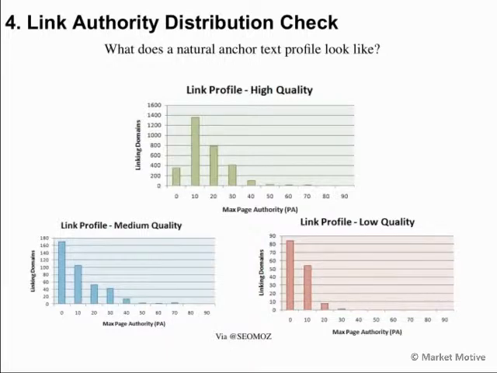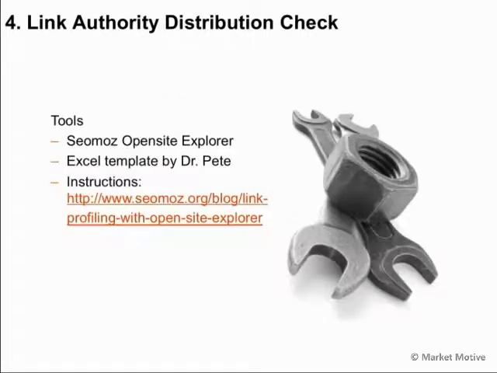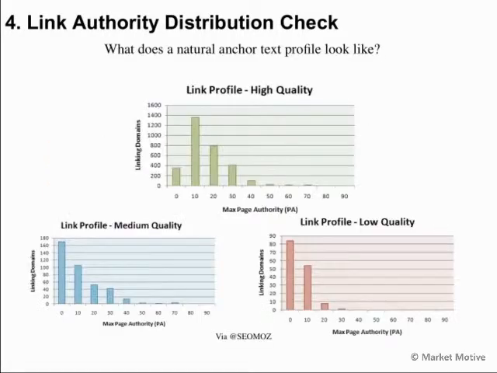You need to be close but not going over and not sending any of these negative signals. So if you have too many low value links or too many high value links, either one of these can send a negative signal that says, hey, they're trying to manipulate their off-page optimization, and therefore we're going to filter them. So run this check through Dr. Pete. You can get a graph like this and make sure it's kind of a normal looking curve, and check out these links.